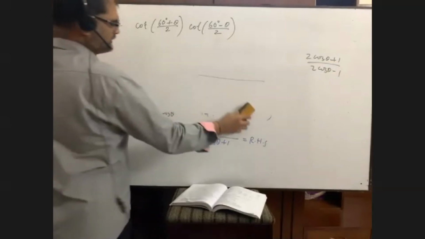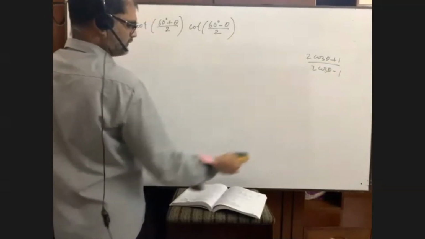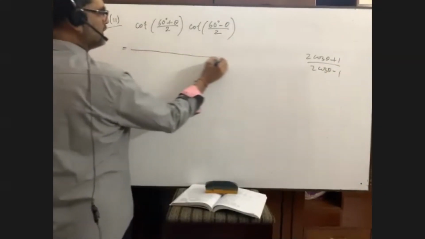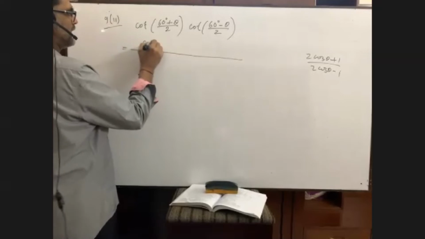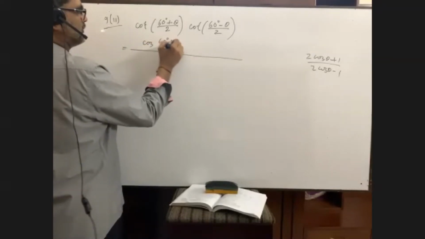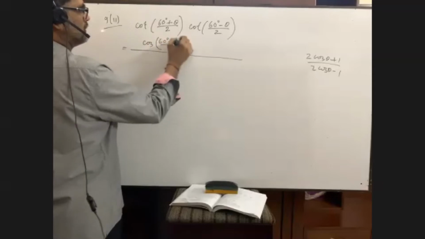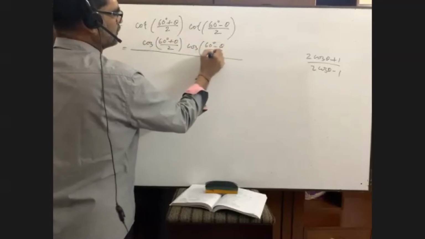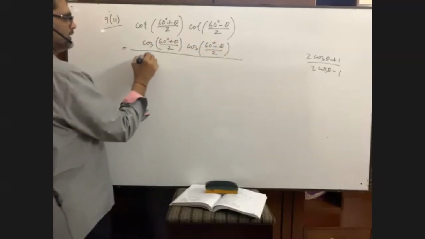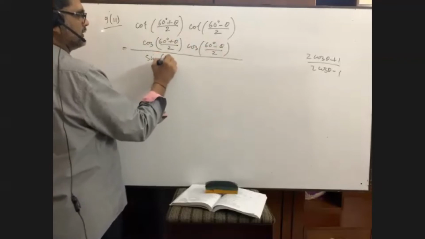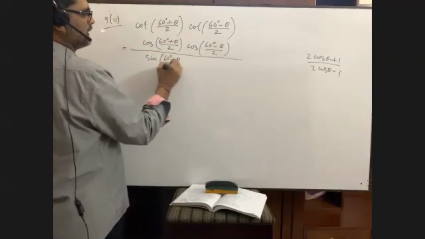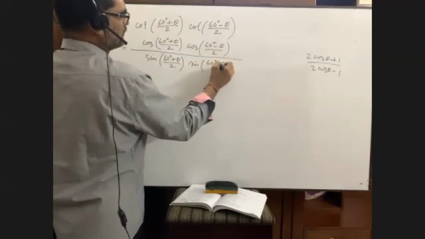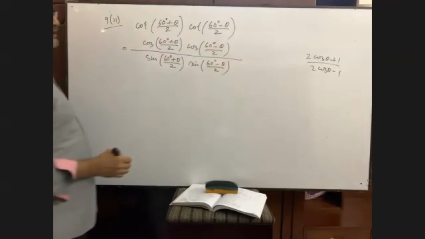There is no difference between the maths. Here, what will you do? You will do like this: cosine of 60 degree plus theta by 2 into cosine of 60 degree minus theta by 2, by sine of 60 degree plus theta by 2 into sine of 60 degree minus theta by 2.